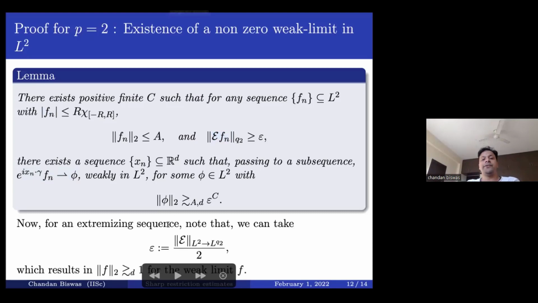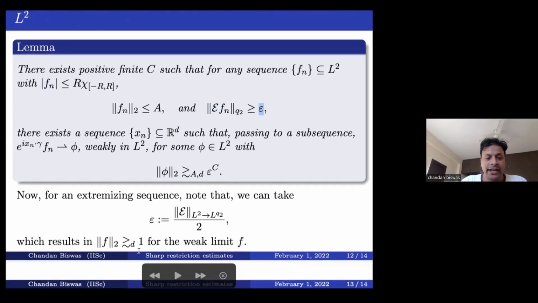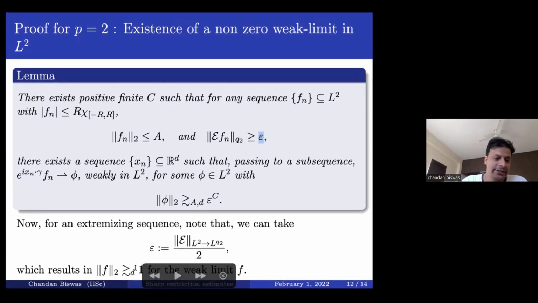So now for an extremizing sequence, note that we can take epsilon to be the operator norm divided by 2 for large enough n, which says that the L2 norm of f is at least a small positive constant, and thus in other words, we have a non-zero weak limit, and so we have the proof for L2 decoupling. We have the proof for existence of an extremizer when P is 2.